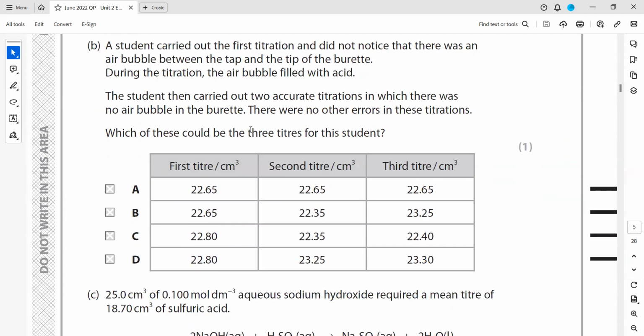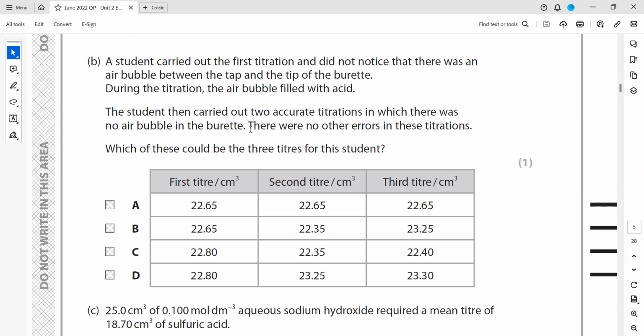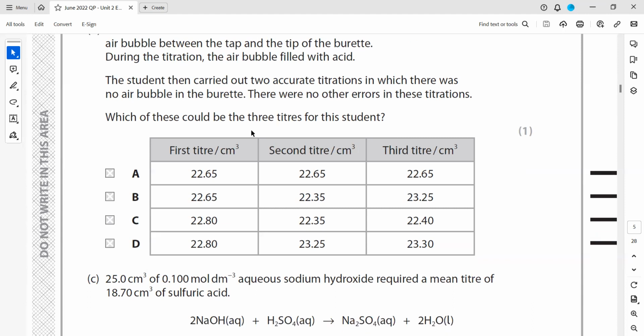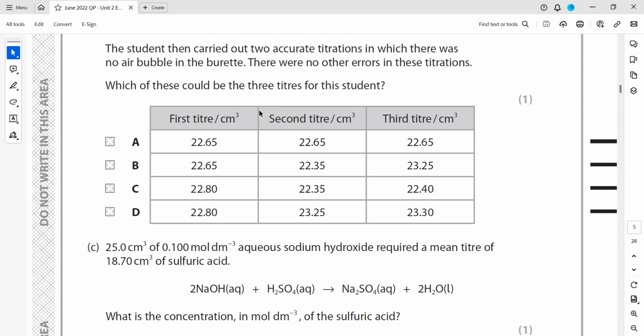A student carried out the titrations and did not notice that there was an air bubble between the tap and the tip. During the titration, the air bubble filled with acid. The student then carried out two accurate titrations with no air bubble in the burette and no other error. Which of these results could be the three titers of the student?